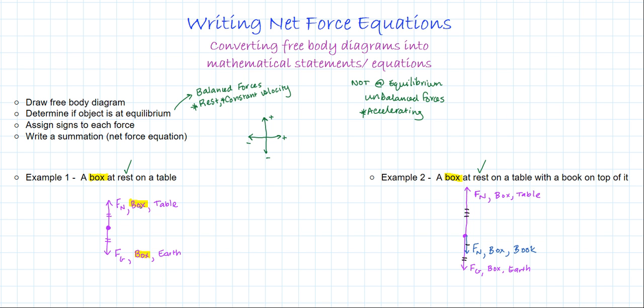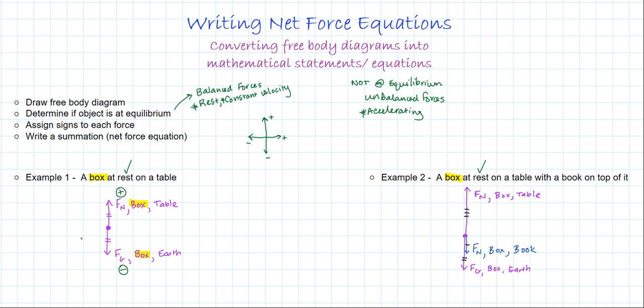Here's an example. I'm going to take this normal force here and assign a sign to it. According to this Cartesian plane, this normal force is pointing in the positive y direction, so I'm going to make that a positive sign. The gravitational force, therefore, is pointing in the negative direction. Now, could I flip this around and say down is positive and up is negative?